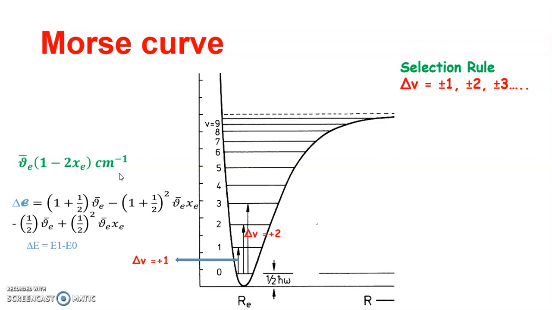For the transition from the ground state to the second level, we put 2 in place of 1, and the same calculation gives the new vibrational frequency 2ν̄_e into (1 minus 3χ_e) centimeter inverse, and for the other transition we get 3ν̄_e into (1 minus 4χ_e) centimeter inverse.